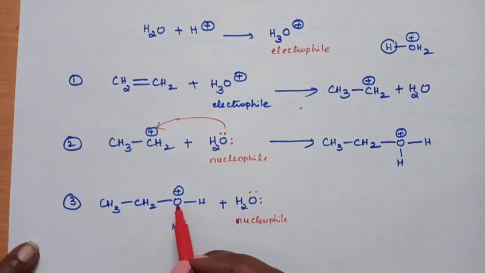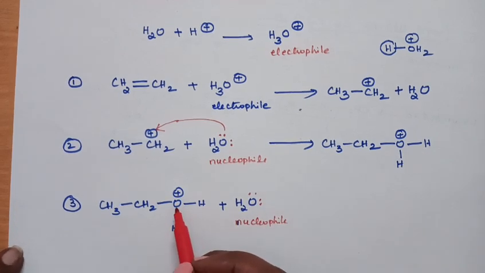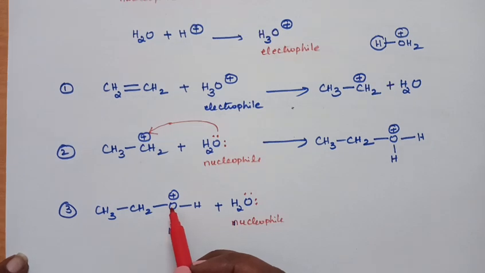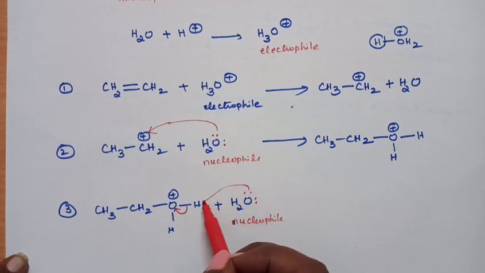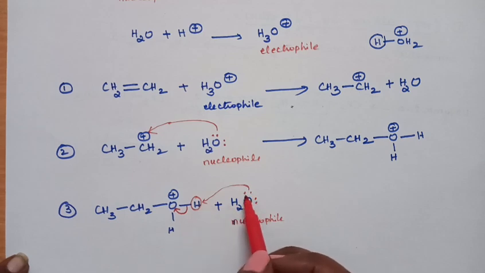So students, oxygen having positive sign. Oxygen is an electronegative atom. So if positive sign is present on an electronegative atom, it becomes highly unstable. Therefore oxygen will take this electron towards itself, and this will attack this hydrogen. So H will be taken by this lone pair of electron, and this electrons will shift here.